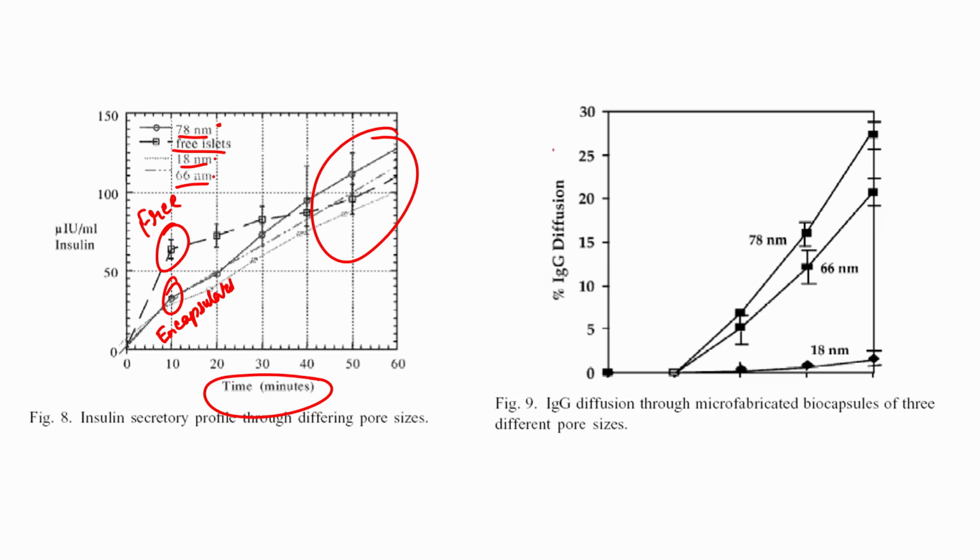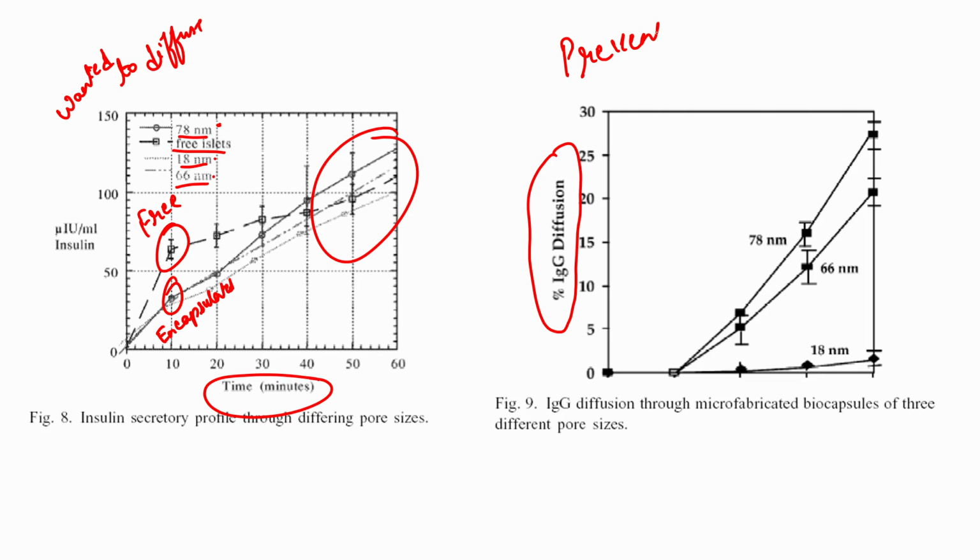But what happens to an antibody, which is something that you want to prevent? The previous one was for something that you wanted to diffuse. This is something you want to prevent. So, now let us see what happens.